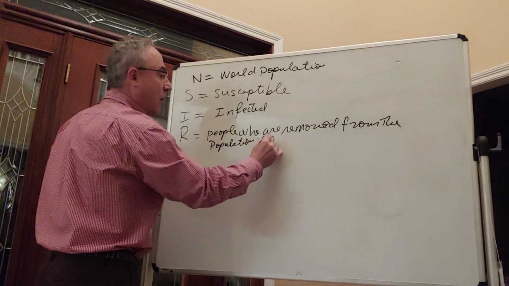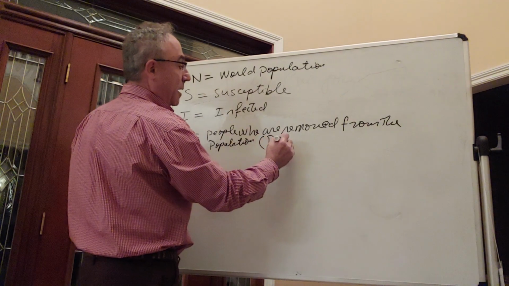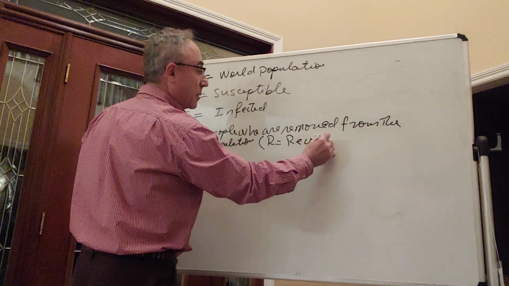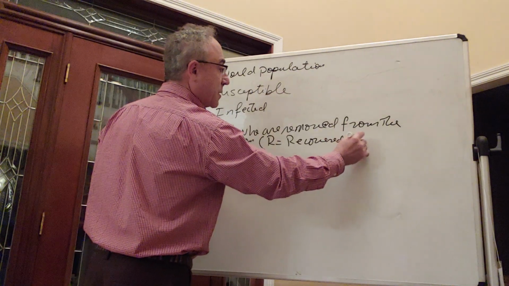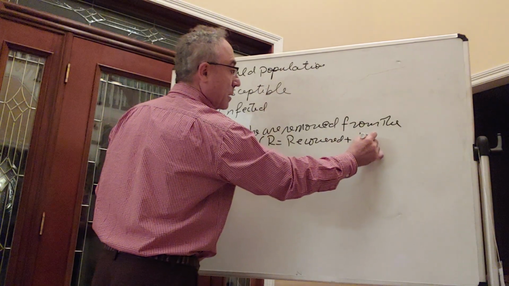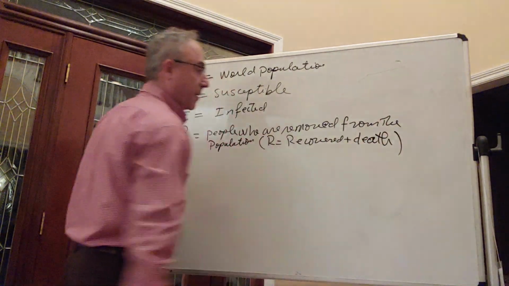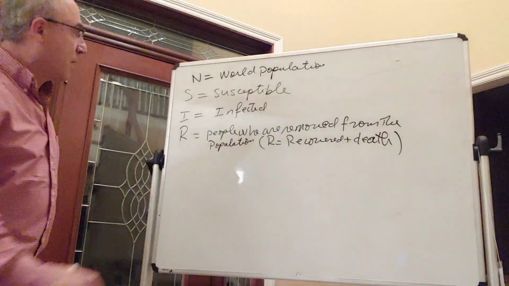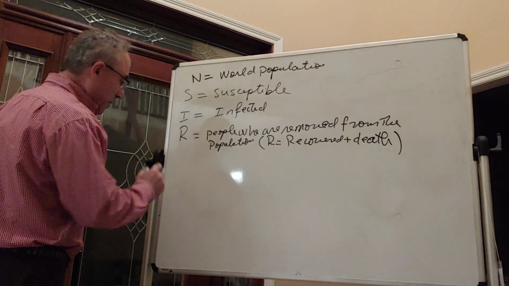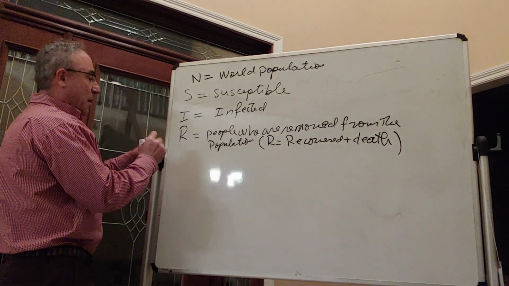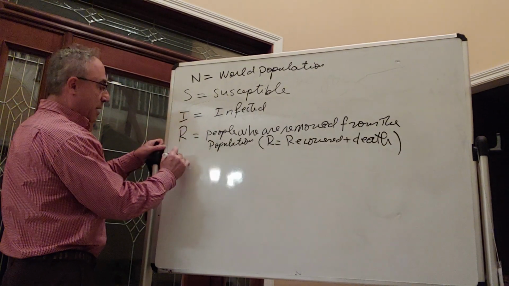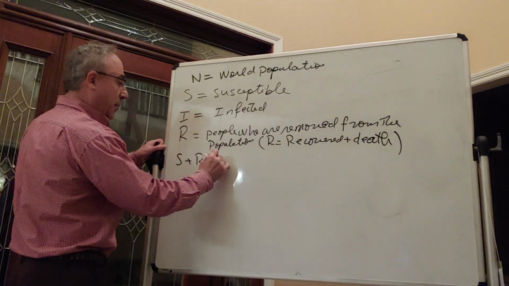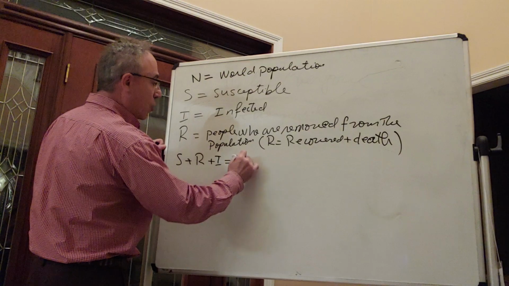So basically R is people who recover plus people who die. So these people are basically removed from the population. Based on this, we're going to have S plus R plus I equal to the world population.